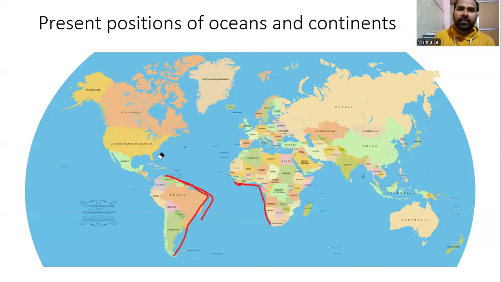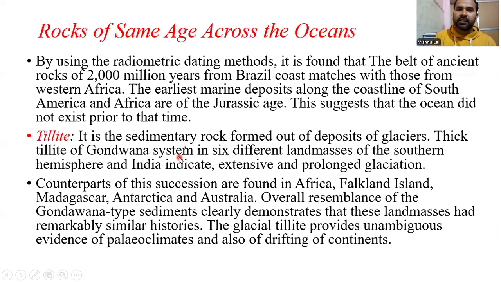Next, after that, whatever fossils are found, those fossils are also one proof. Next evidence, if you will see, the earlier marine deposits along the coastline of South America and Africa are of Jurassic age.